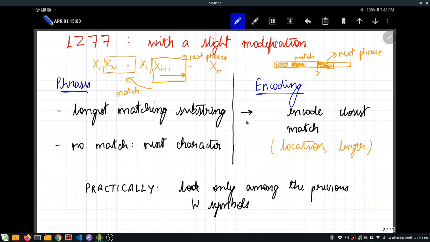And in fact, in practice, you don't actually search for the matching substring in all of 1 through i, because the size of the file could be very large and you don't want to have too many searches. So instead of looking for a match in all the previous symbols, you only look among the previous W symbols.